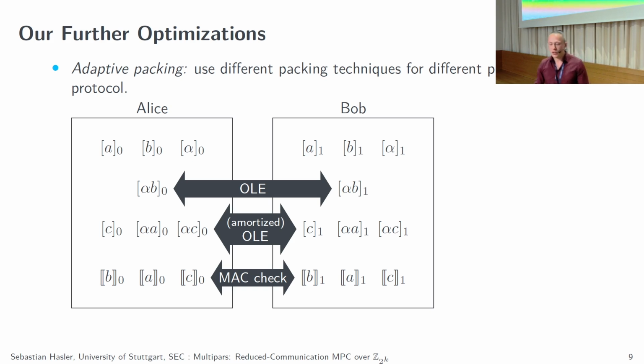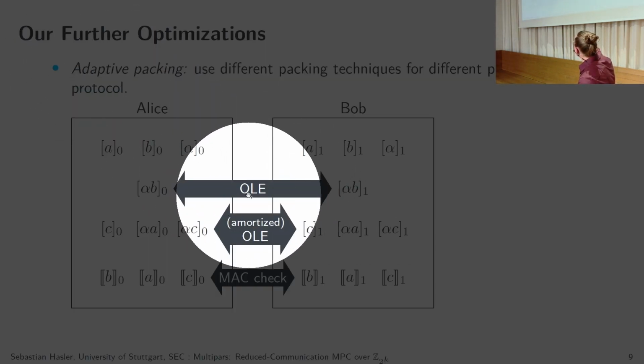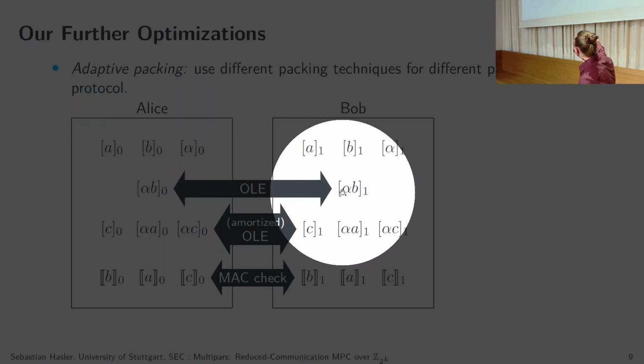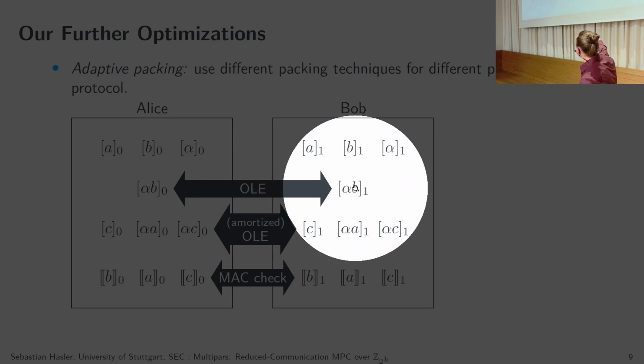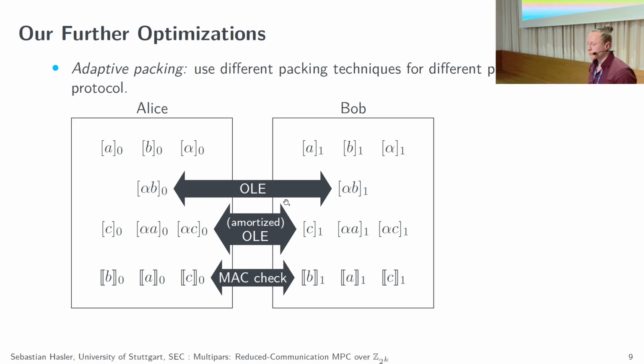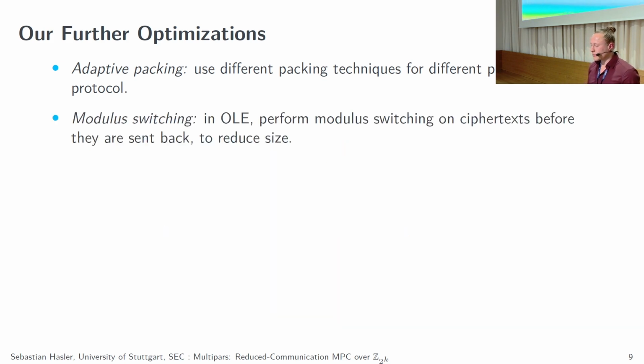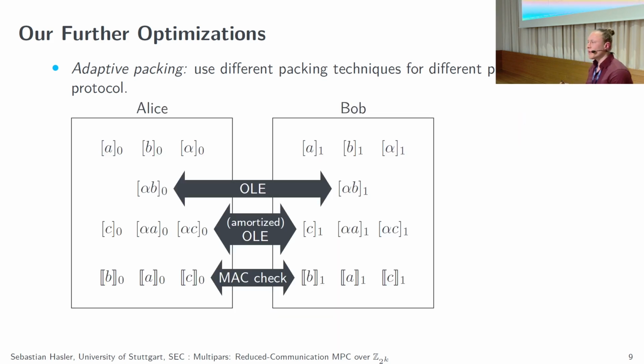And we use the coefficient packing for this OLE, which is possible because this alpha is constant and is the same for all values, or for all Beaver triples which we produce. And for the amortized OLE, we then use the tweaked interpolation packing, which is required to do component-wise multiplications. This is also an optimization that would not be easily possible in the HighGear variant, because there we cannot easily switch between those packings. But in the LowGear variant, this is easily possible.